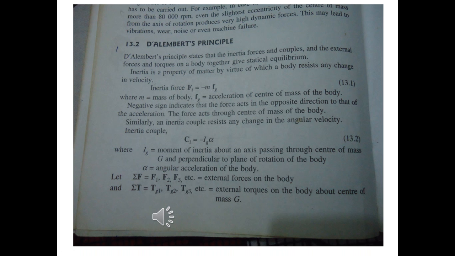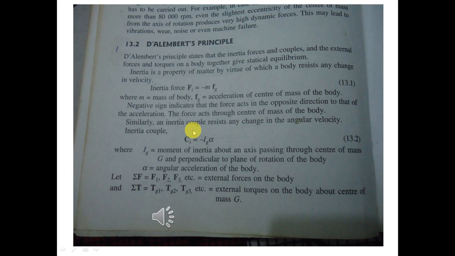Now we will see what we mean by D'Alembert's principle. D'Alembert's principle states that the inertia forces and couples and the external forces and torques on a body together give static equilibrium. So the inertia force Fi is given by Fi is equal to minus m into Fg, where Fg is the acceleration of the center of mass of the body and m is the mass of the body.